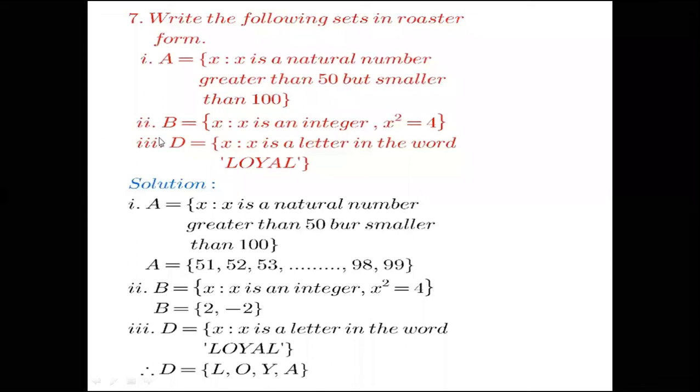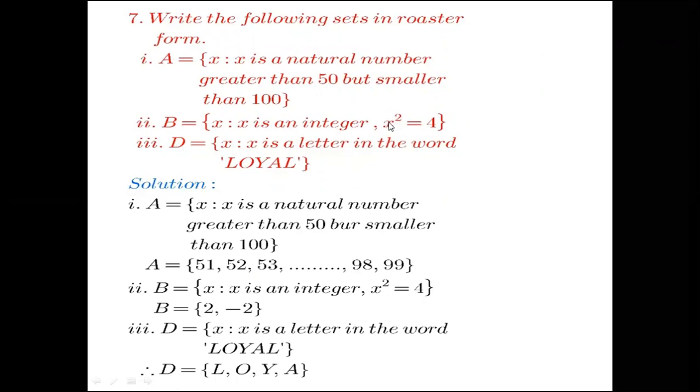Next, see the second question. B is equal to x such that x is an integer, x square is equal to 4. Can you tell me what are the possible values of x here? 2.